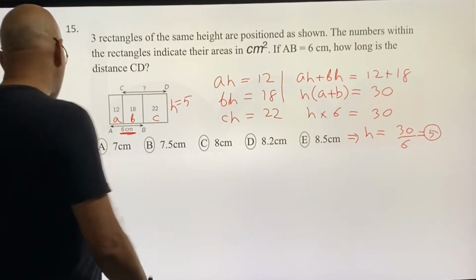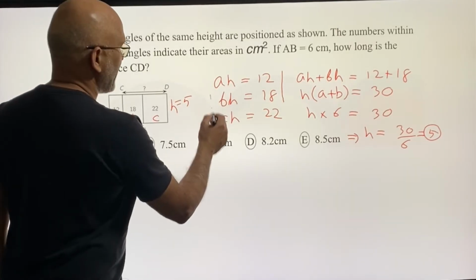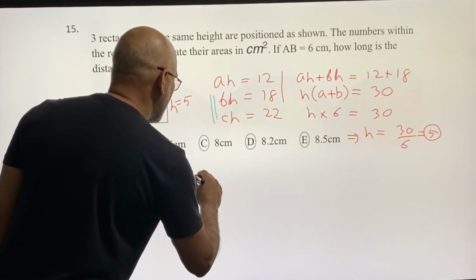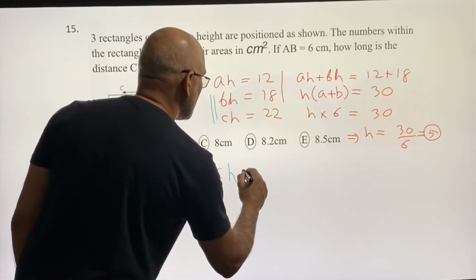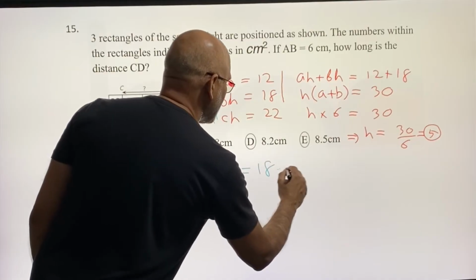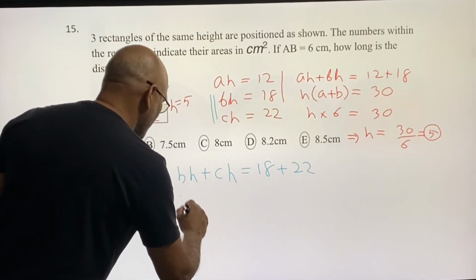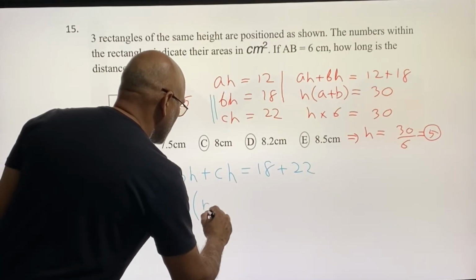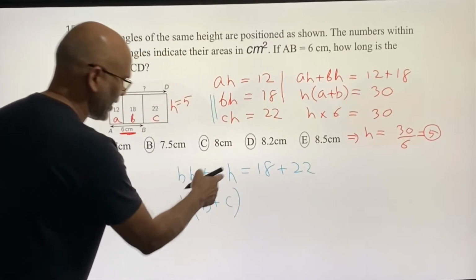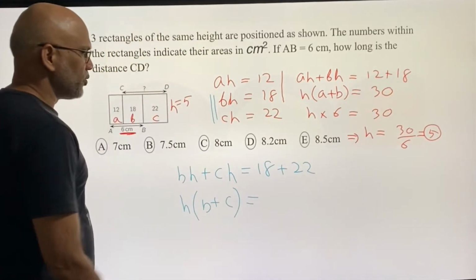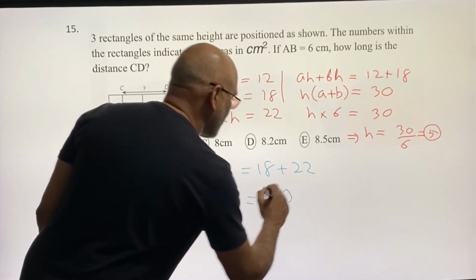Alright. Now, if I take these two equations, B h plus C h is equal to 18 plus 22. Again, I'll use the distributive property. I take h common, then B plus C. 18 plus 22 is 40.